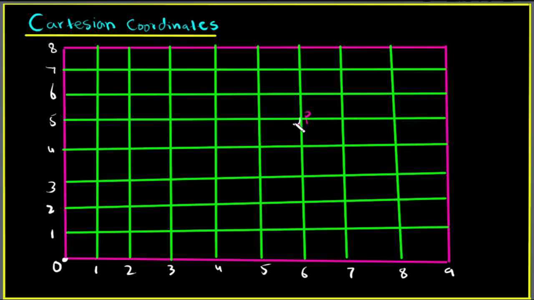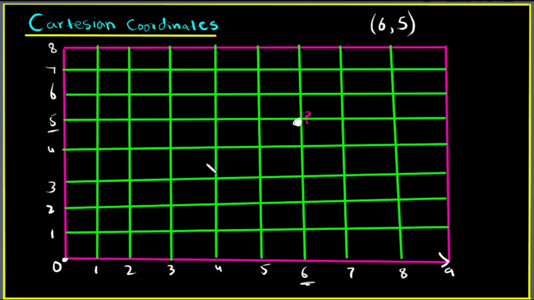Now, as I can see, the point P lies right here, and in the horizontal direction, you just need to go 6 steps because it lies on the line that is right on this number 6. And in the vertical direction, it lies on the line that passes through this number 5. So in the horizontal direction, you can go 6 steps, and in the vertical direction, 5 steps.